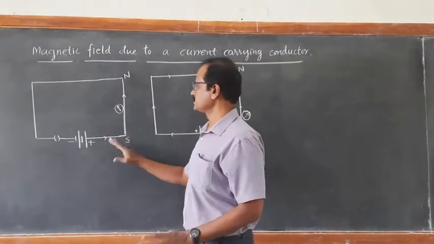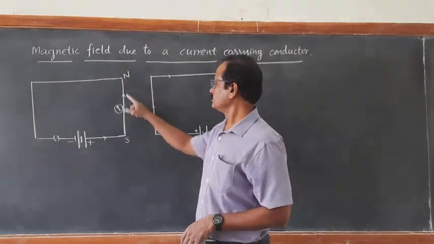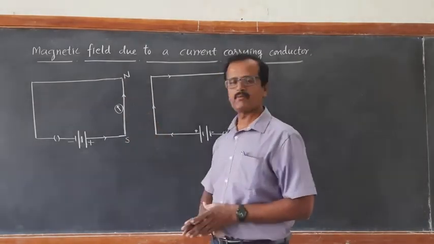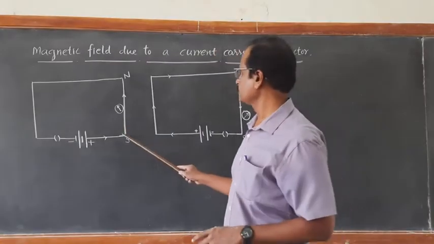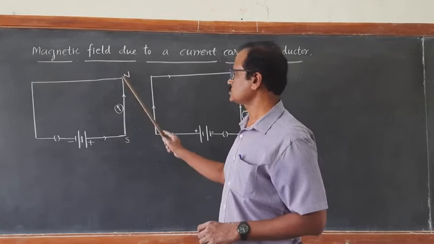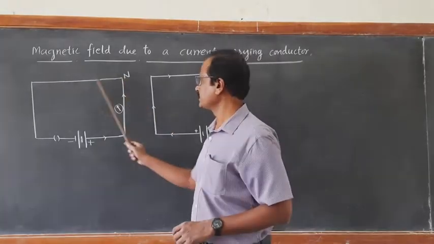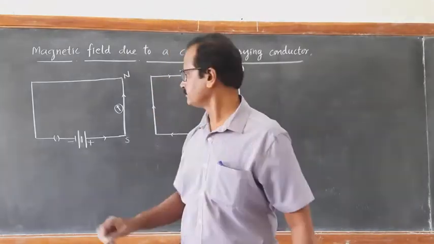This is a simple circuit. Now this is a copper wire, a thick copper wire, which is taken along the north-south direction, and this is connected with connecting wires, and here is the plug key.